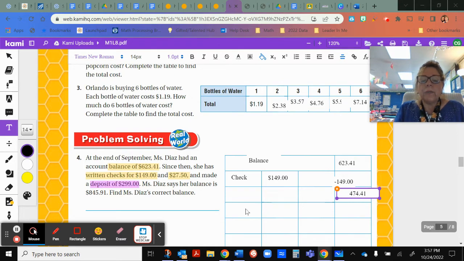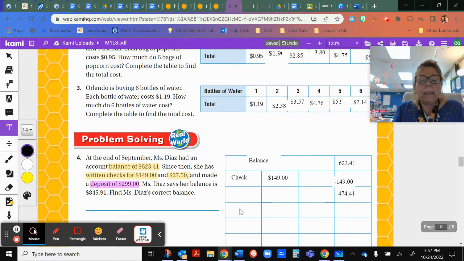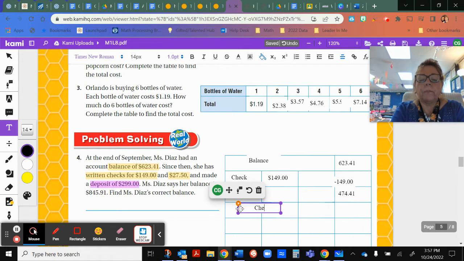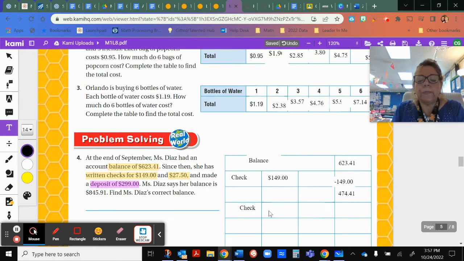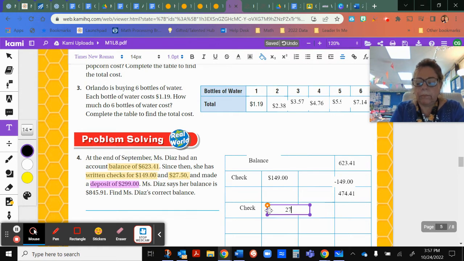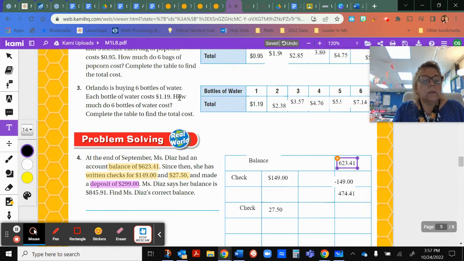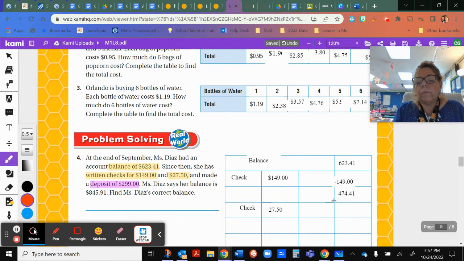Okay, then she wrote another check, right? And how much was that check for? Good, $27.50. 20 cents, 50 cents. Hit the wrong key. Okay, and on this one here, I'm going to erase.